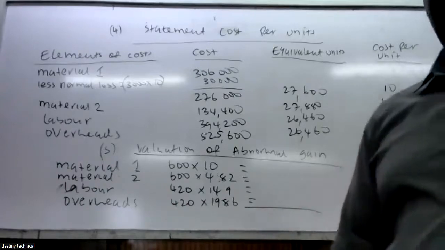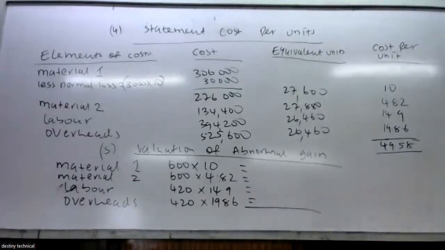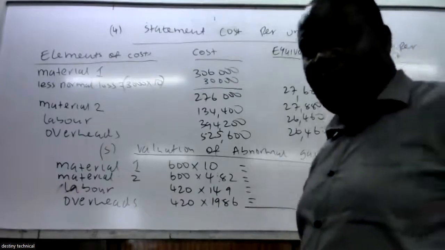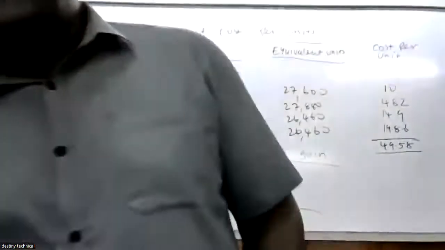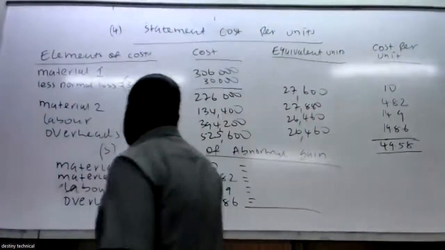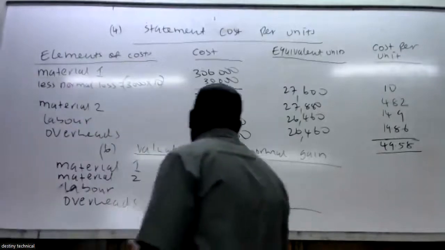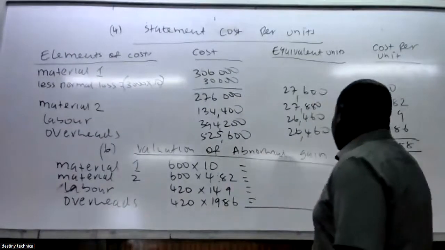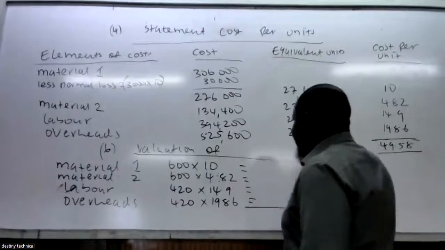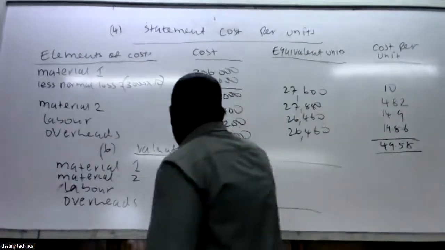So that should be our step number 5. We got the step number 6, which is supposed to be valuation of the closing work in progress.